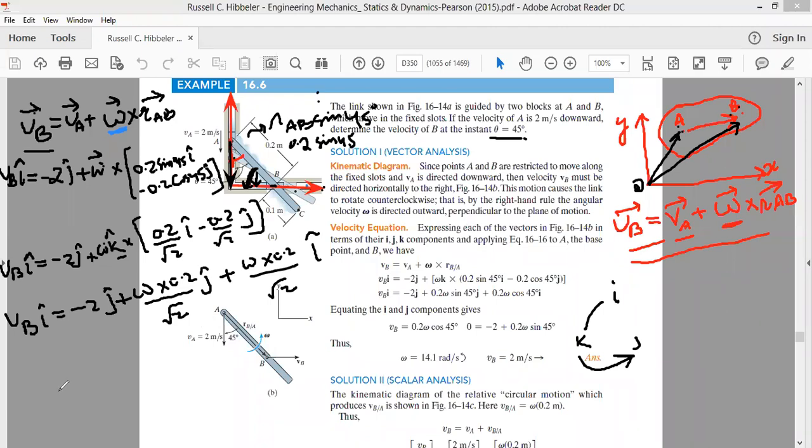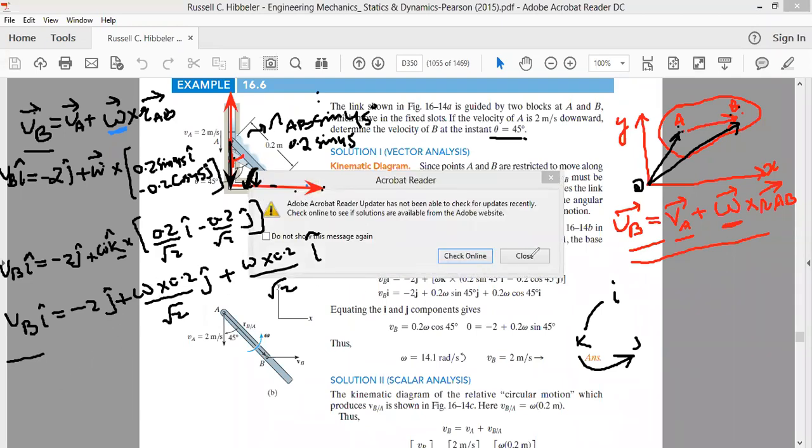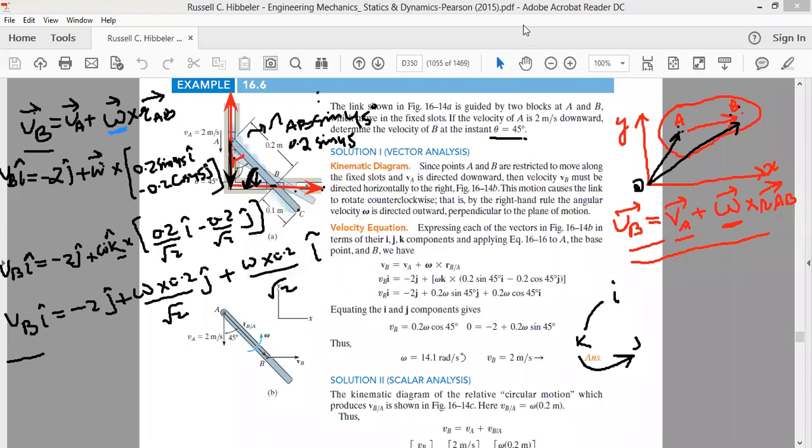Now we know two vectors are the same when their corresponding components are the same. Therefore, as we balance the components, we don't have a j component on the left hand side. Therefore, the j components on the right hand side should be equal to 0. So as we balance the j components, minus 2 plus omega into 0.2 divided by under root 2 is equal to 0.